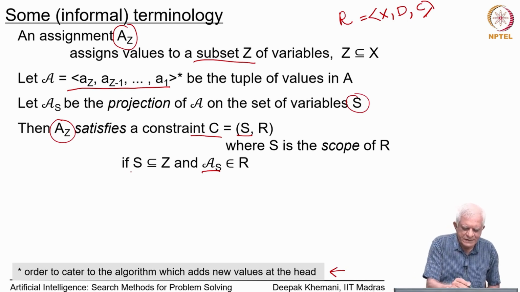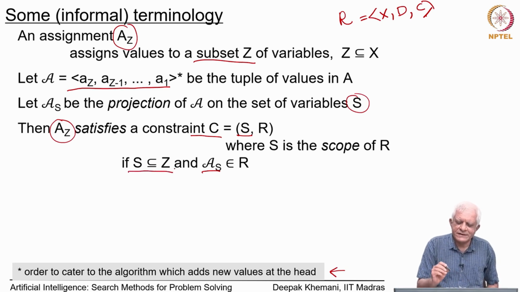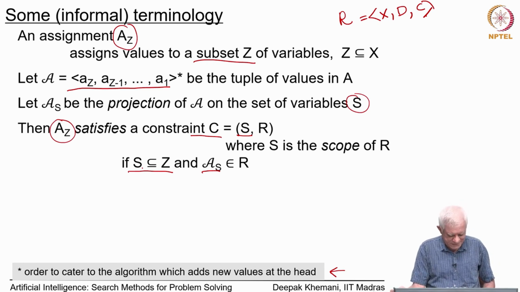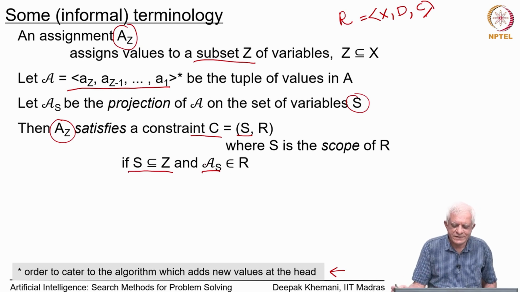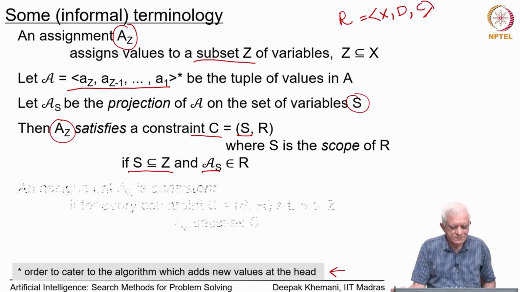The other condition is that the assignment must cover the scope of the constraint, or in other words, the scope of the constraint must be a subset of Z essentially. So, that tells us what we mean by satisfies. An assignment satisfies the constraint if, in the relation for that constraint, we have that projection of the assignment.